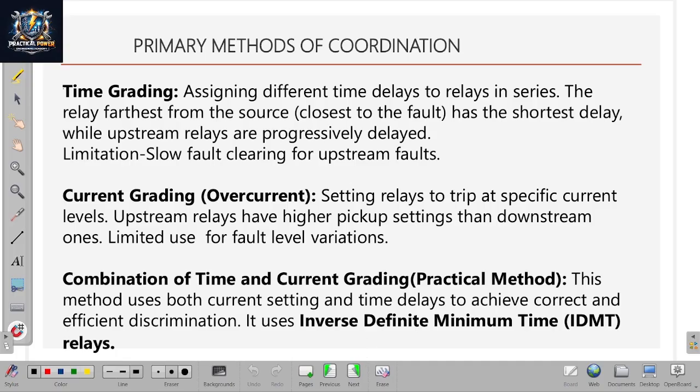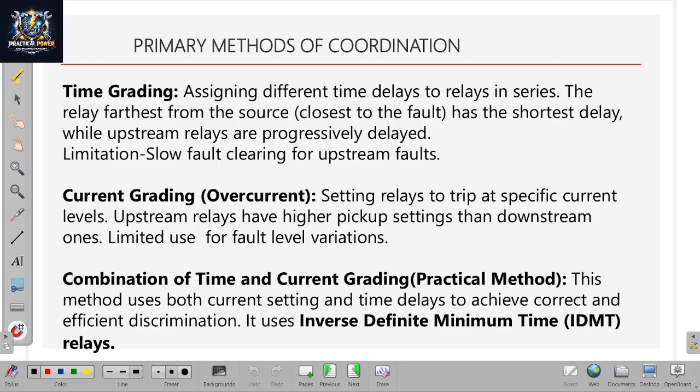Then what are the primary methods of coordination? There are essentially three methods: one is time grading, another is current grading, and the third is a combination of time and current grading, which is the practical method.